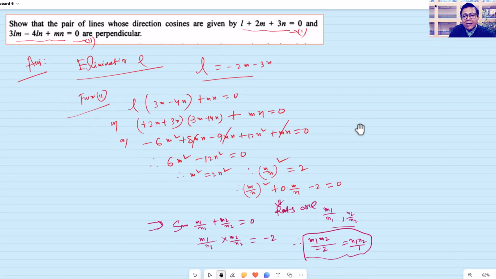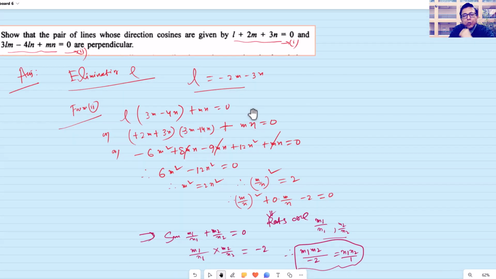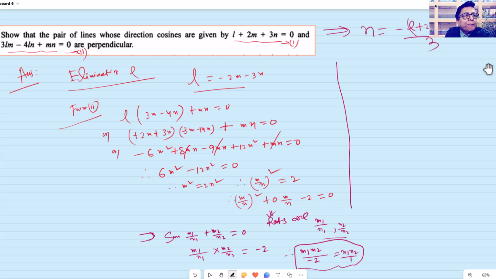So we'll try to make another quadratic equation here. What equation? Now I am eliminating, say, n from here. N from first is what? This divided by 3. N from second one, from 1. You got, now from 2. 3lm equal to n into 4l minus m.